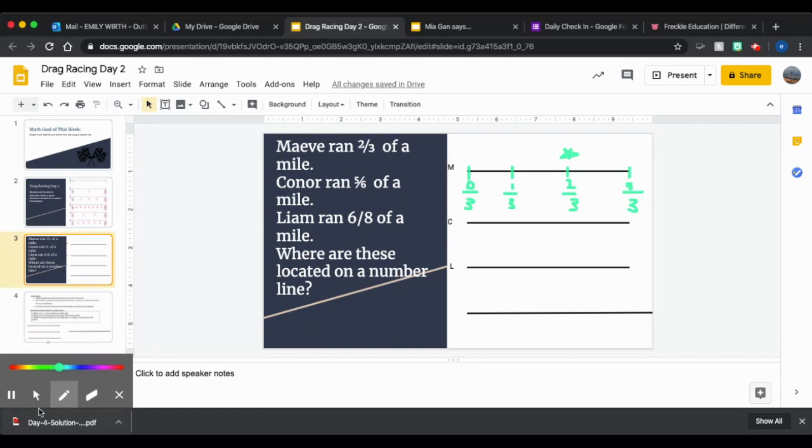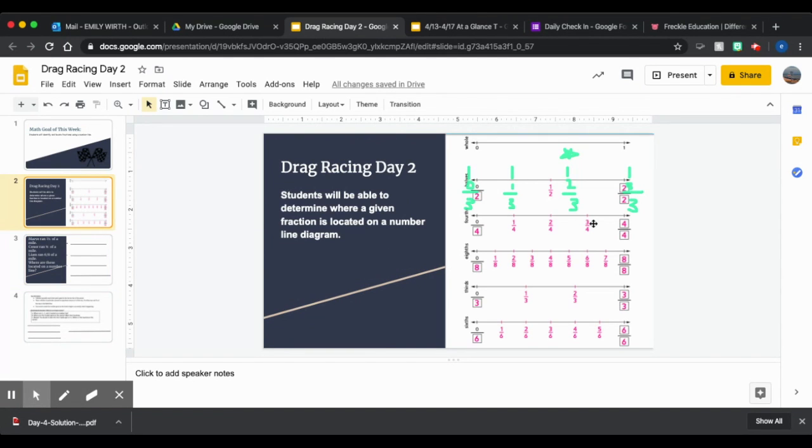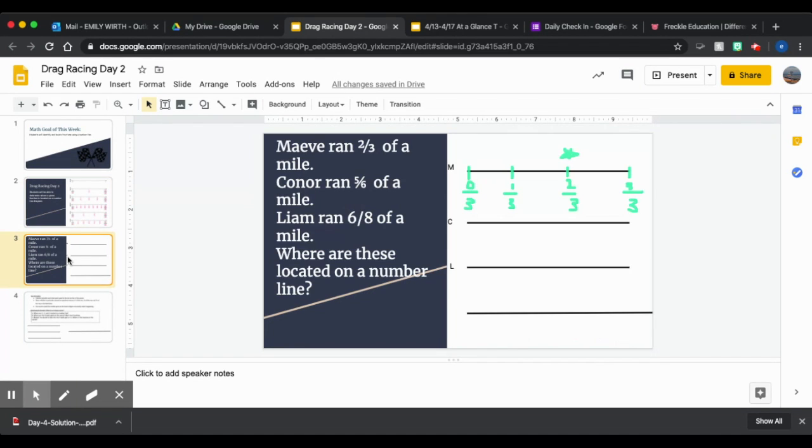Connor ran 5/6 of a mile. Let's take a look. 5/6 on this number line isn't equivalent with 2/3, it is a little to the right. I'm going to mark that first because we want to make sure that we are marking the number line accurately. I know it needs to be broken into sixths. So I'll put my endpoints, and then I'm going to put 5/6 right here. So I have 0/6, 1/6.